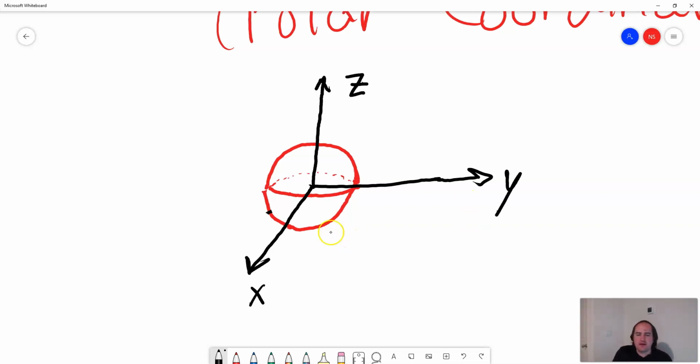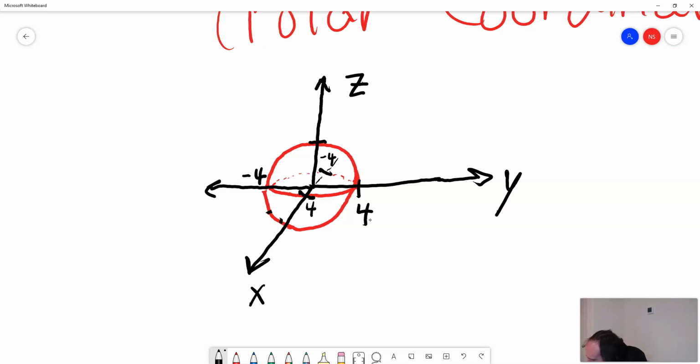And because we said the radius was 4, we're going to be going all the way to 4 and all the way back to -4 on every single axis. So on the y-axis, up here, and on the x-axis, and back there on the x-axis, that's going from -4 to 4.